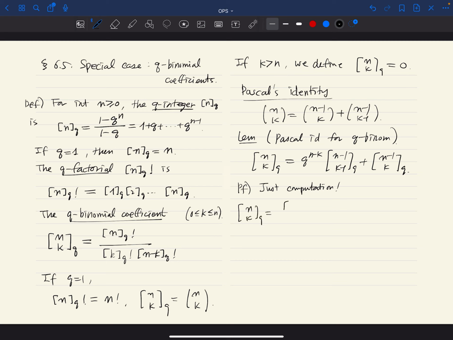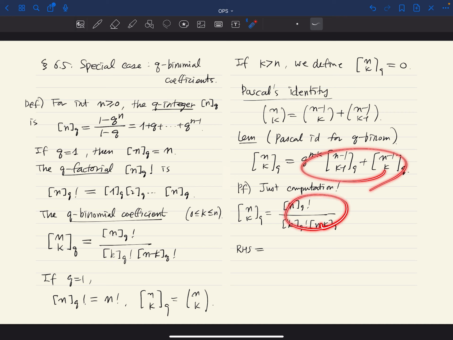So n q factorial over k q factorial, n minus k q factorial. This is the left-hand side. We will rewrite the right-hand side so that it becomes this. The proof is really simple in that way.